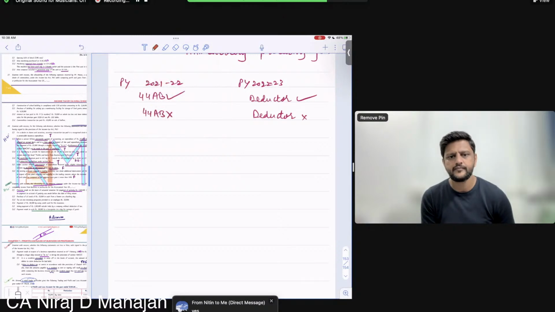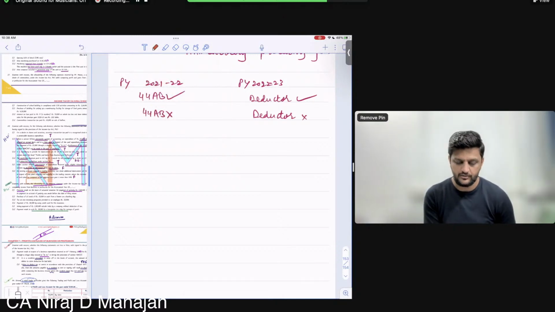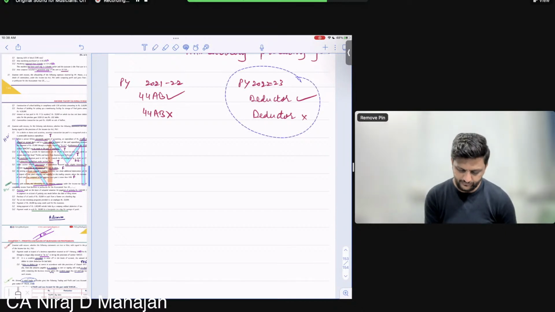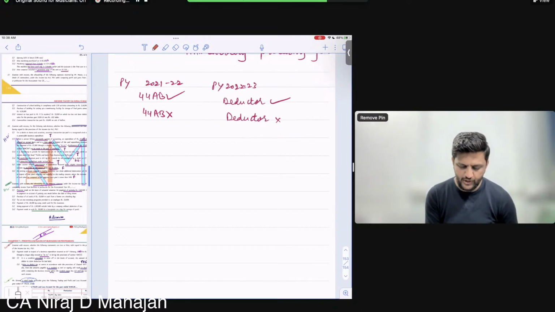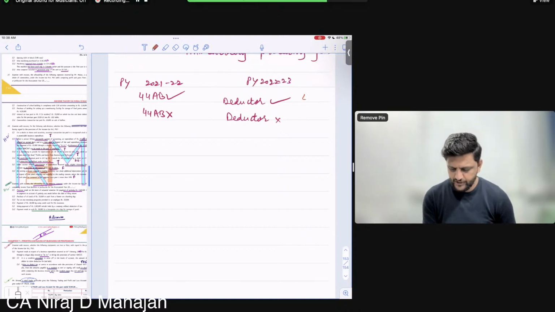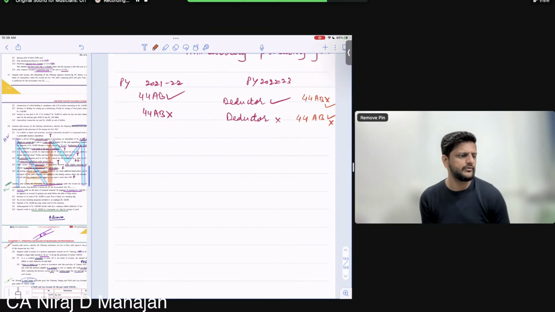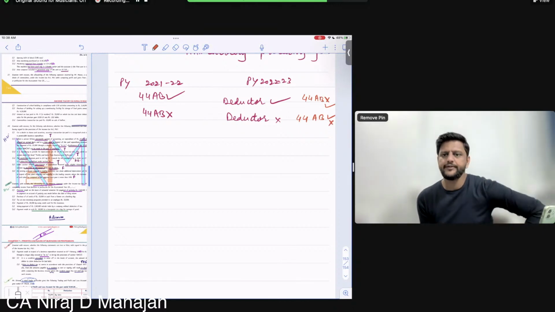Irrespective, important now, pay attention to what I'm telling you. Irrespective of whether in the current year 44AB is applicable or not, for a small company, how many times I've told you, it is a small company, not just a company, you check the turnover of the immediately preceding financial year, not the current year.